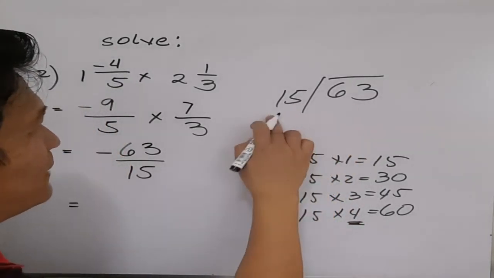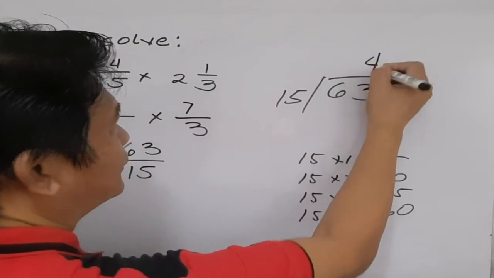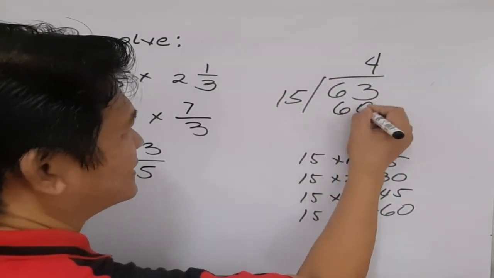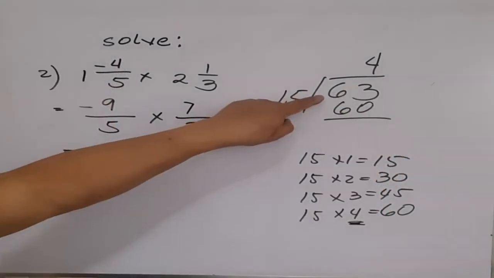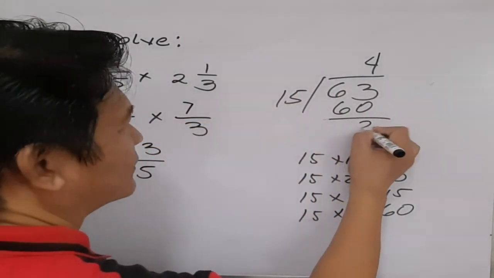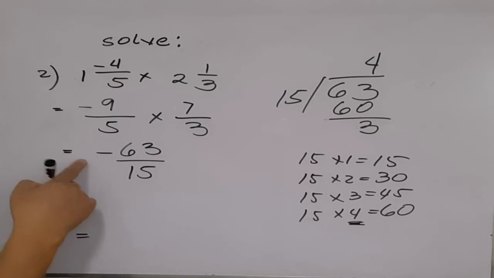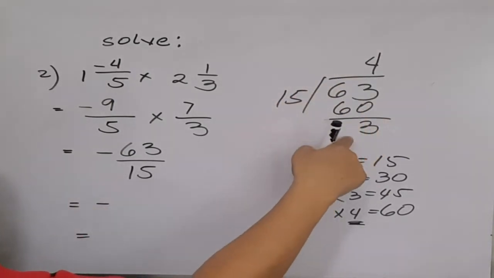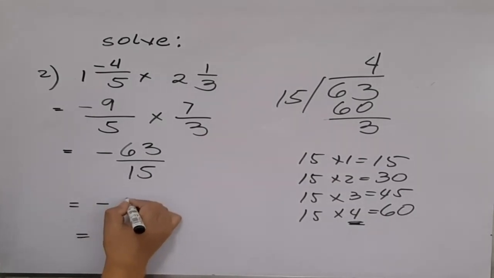So 63 divided by 15 is 4. 4 times 15 is 60. 63 minus 60 is 3. So negative 63 over 15 is equal to negative 4 and 3 over 15.